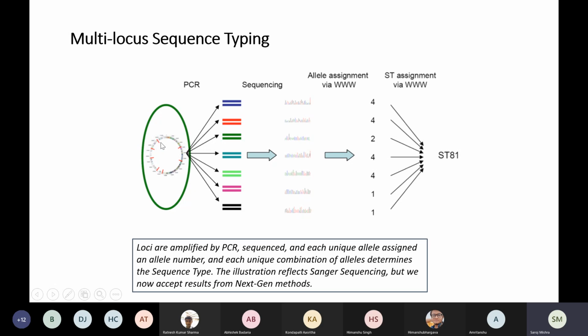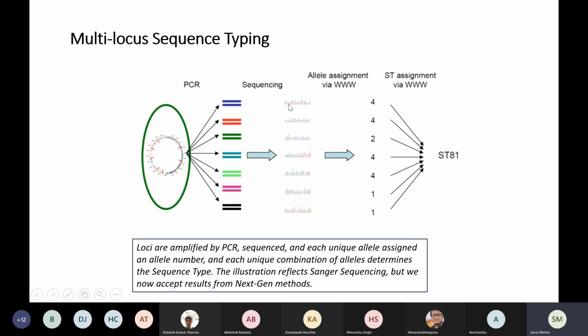By locus, we mean where one gene resides at a particular location on the bacterial chromosome, which is shown as a circular DNA molecule. Right here, 1, 2, 3, 4, 5, 6, and 7. If you have primers specific to these DNA sequences, you are going to amplify these 7 DNA fragments.